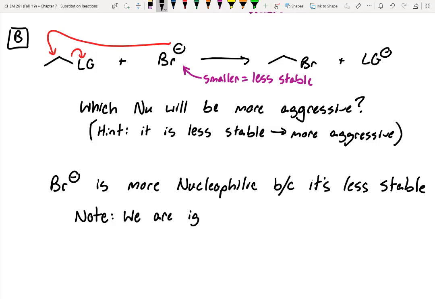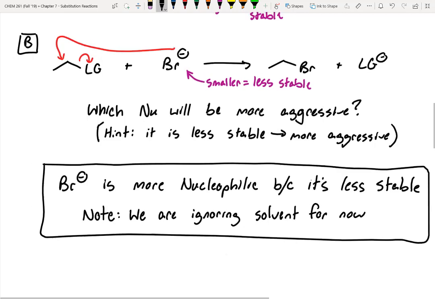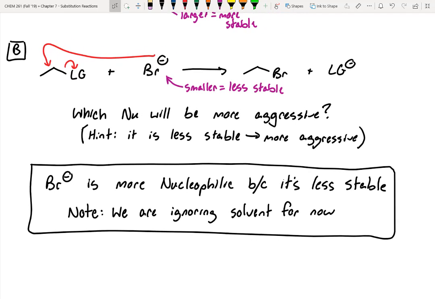We are ignoring solvent. And that note's kind of an important one, because what happens when an anion is put into a solvent? What does that solvent typically do to the anion? So what happens if you put a sodium cation into water?